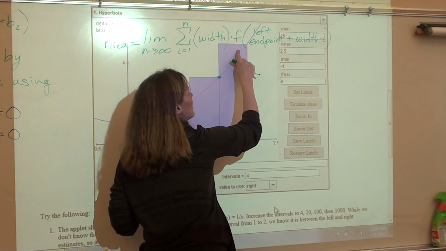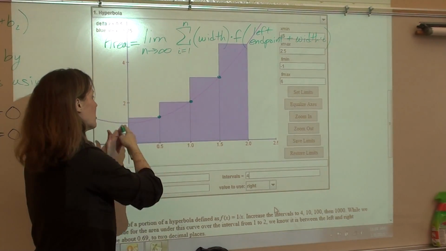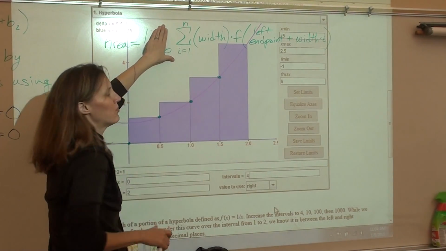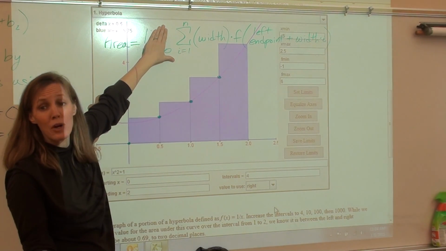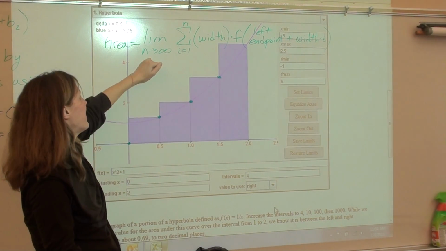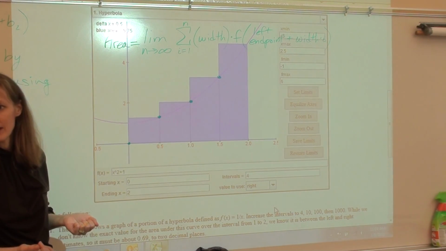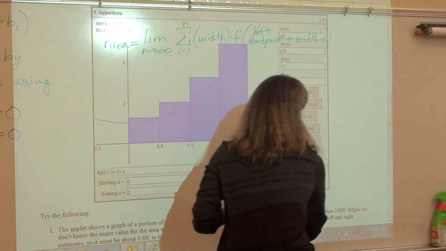You have to plug this into your function, times your width, add them all together. There's the sum of all the rectangles. So if I didn't have this, that would be the formula for our right-handed rectangle approximation. Now if we want exact area, we add that, and we've got exact area. Does that make sense? So let's turn off the projection.